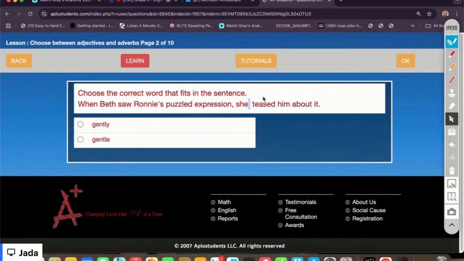Gently or gentle? Which of them? So gently, option one.